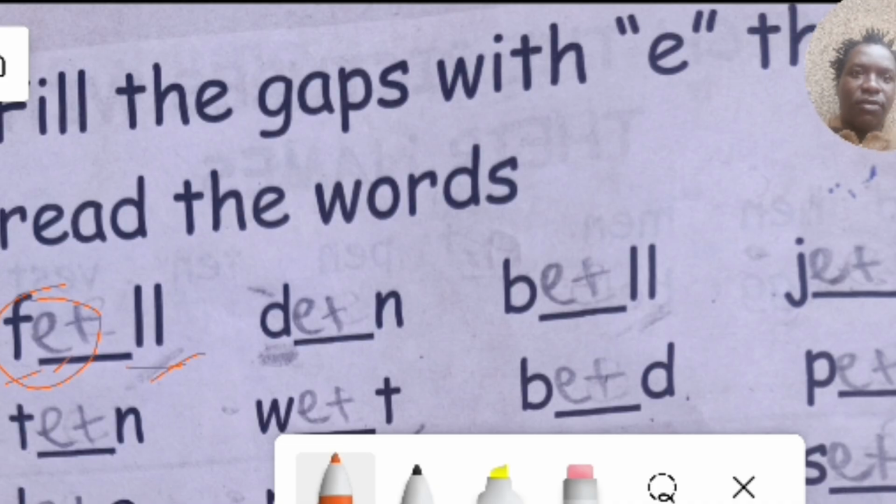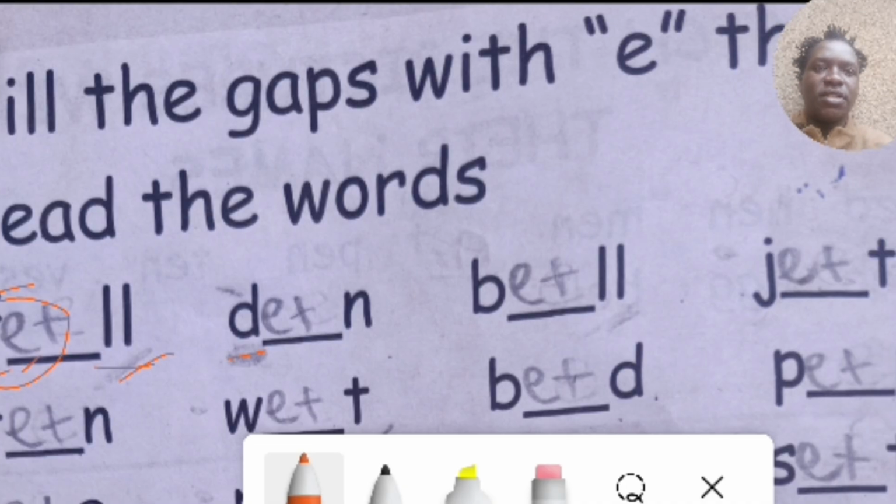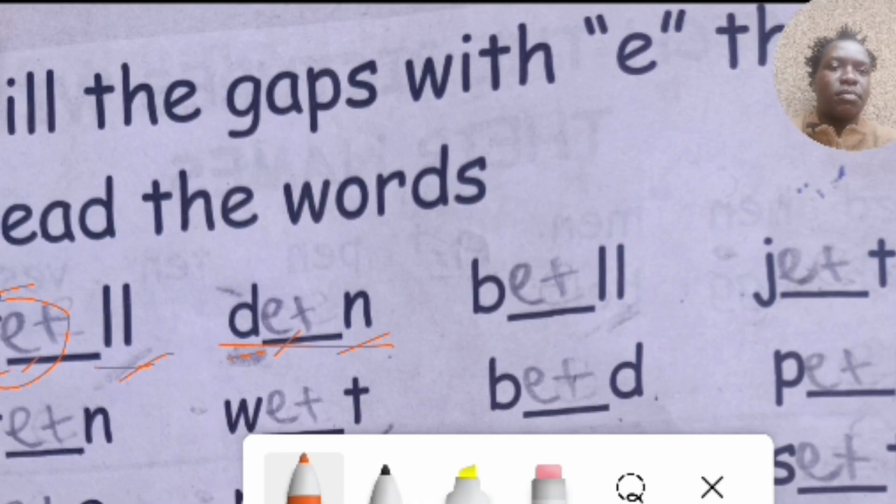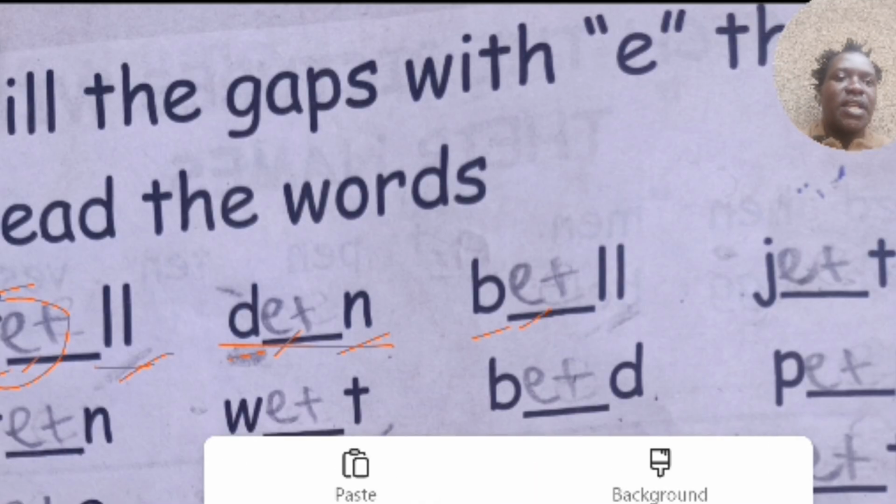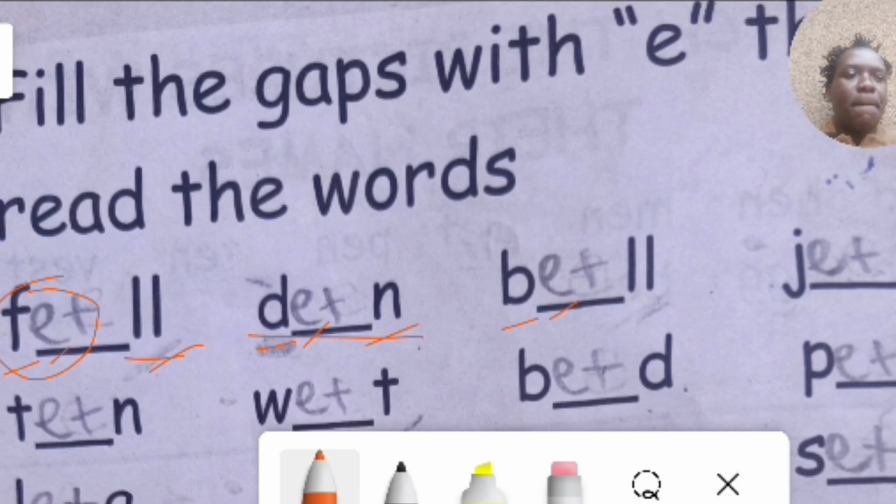And here we have consonant D plus vowel A, okay, that is de. And then you add this consonant N, it becomes den. Yeah, then consonant B plus vowel A, that is be. Then be plus this consonants double L becomes bell.